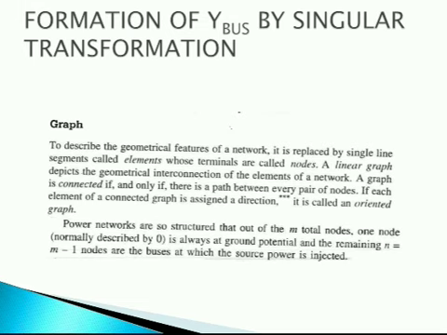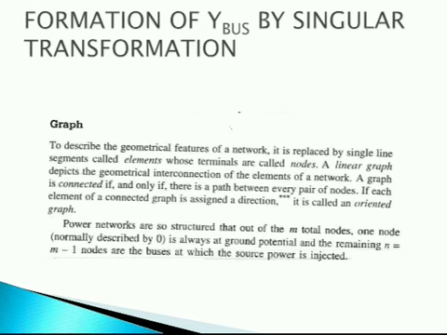So before starting the formation of Y bus by singular transformation, we have to understand what a graph is. A graph is nothing but this: we have a circuit, and the circuit has different connections, one junction with several other branches.